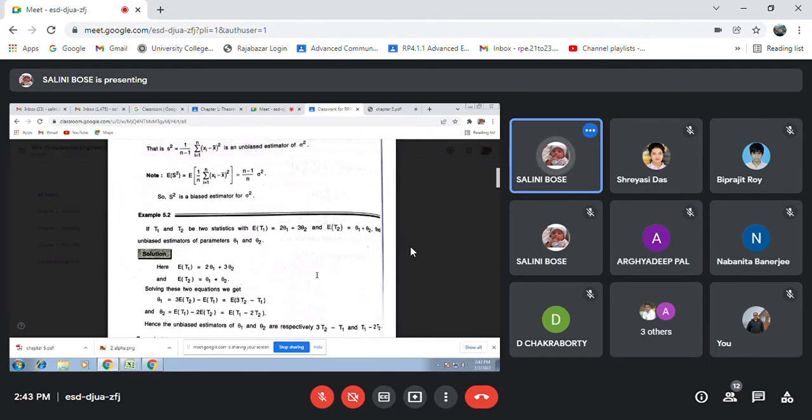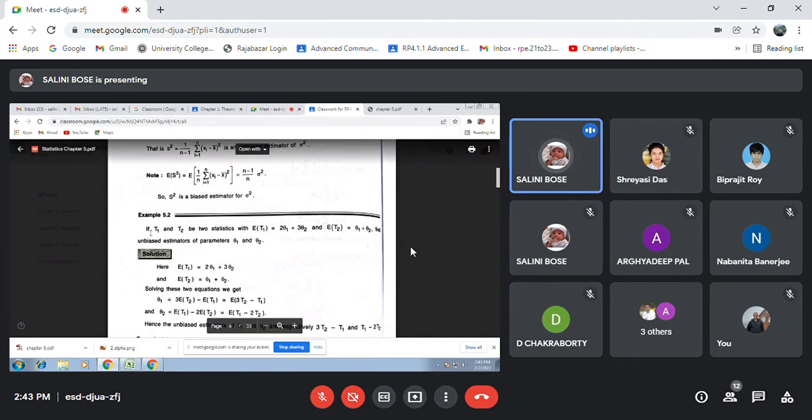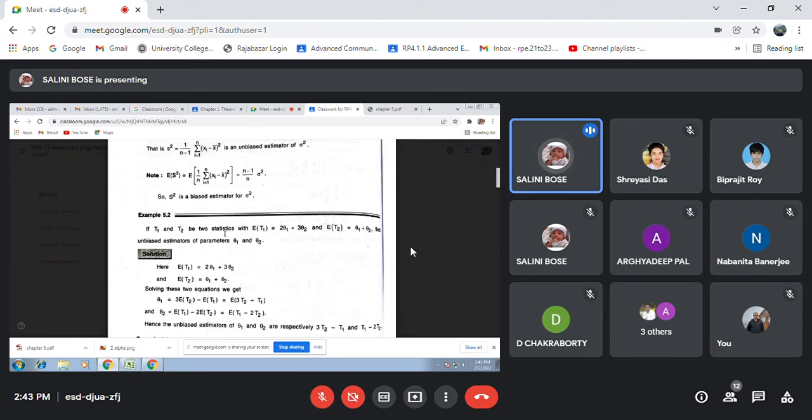Now a small example is given. Just see, if T1 and T2 are two statistics with E of T1 equal to 2 theta 1 plus 3 theta 2, and E of T2 is equal to this. Find the unbiased estimator of parameters theta 1 and theta 2. What will be the unbiased estimator of theta 1 and theta 2? You cannot say T1 is for theta 1 and T2 is for theta 2, because E of T1 is equal to this and E of T2 is equal to this.